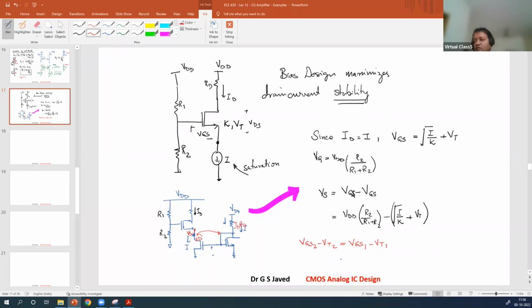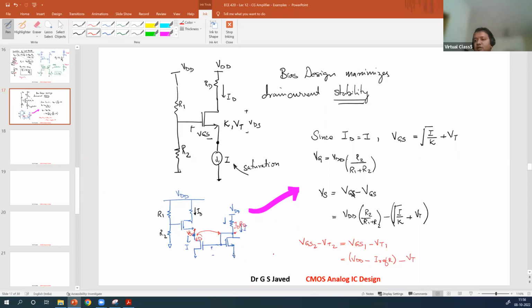How do you work for this? What is your VGS1? VGS1 can be given as VDD minus IRFR. So this is your VGS voltage or VD. The same voltage is appearing here. So this minus VT1. You need this condition to be satisfied for the second transistor to be in saturation.